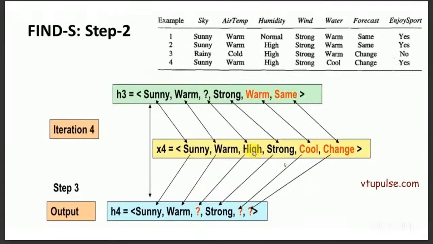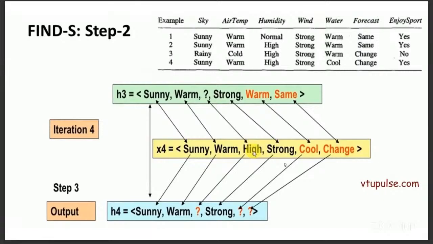Now, from the third hypothesis to the fourth row. Now, which values are different? Warm and same. That is hypothesis 3. Now, what is the difference between the fourth row and hypothesis 3? The last two columns are changed. So that's why we replaced these two with question marks.